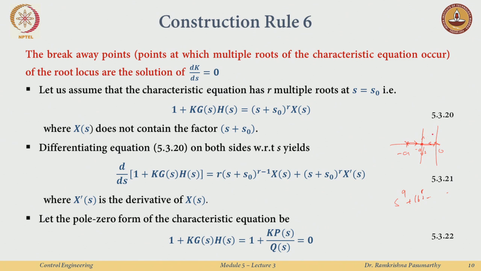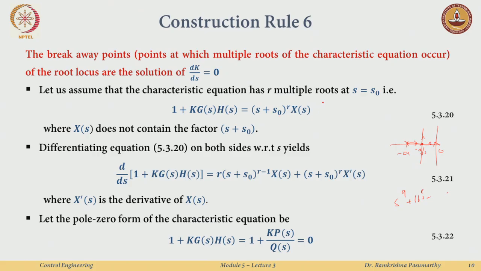So, when this happens, in my characteristic equation 1 plus k g times h, I will have a root at s0 with some multiplicity r, times x of s. Again, this x of s does not contain this factor, and we will be interested in situations where r is at least 2.